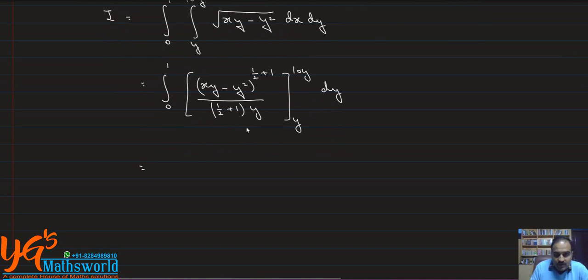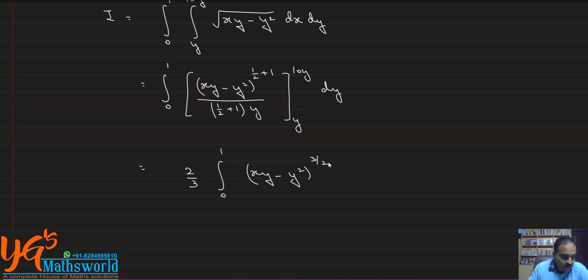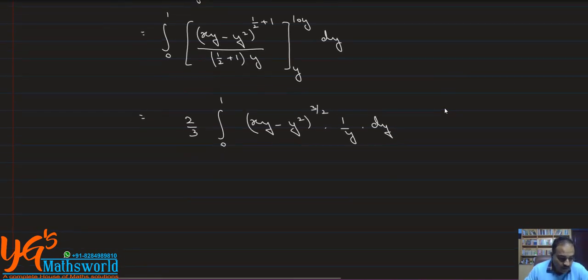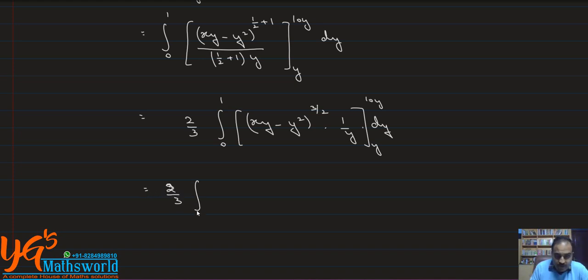It will be 1 by 2 plus 1, 3 by 2, so it will be 2 by 3, 0 to 1, (xy minus y square) raised to power 3 by 2 into 1 upon y, dy, within the limits y to 10y.